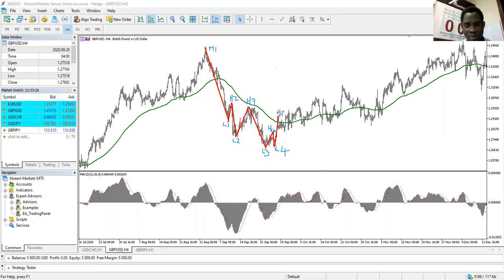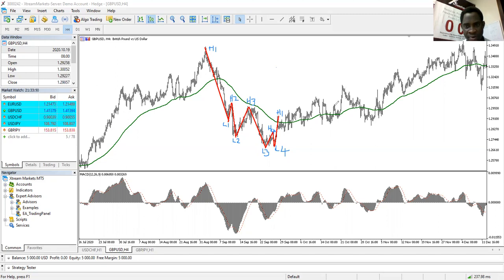So from here now, you begin to see something different. Instead of having lower high, lower low, you now begin to see higher high, higher low, higher high, higher low, higher high, higher low.